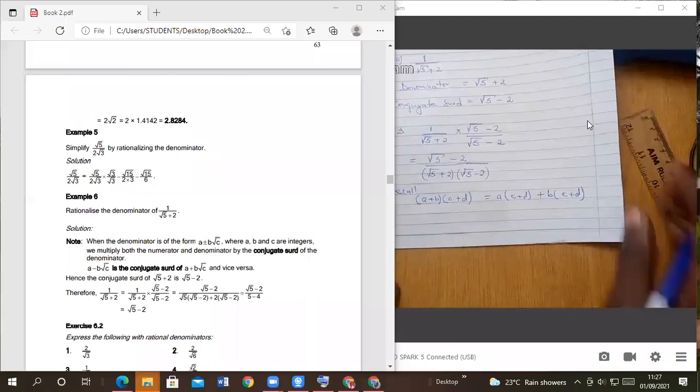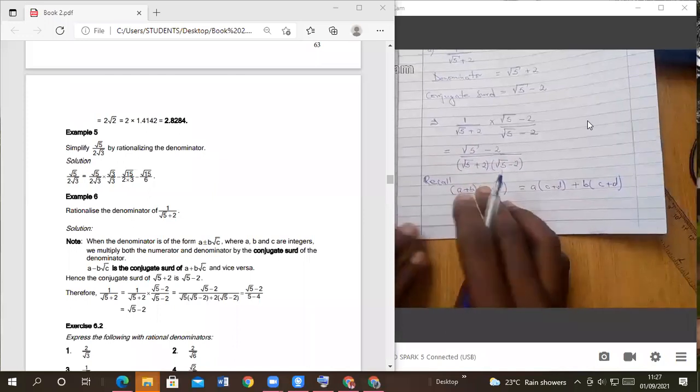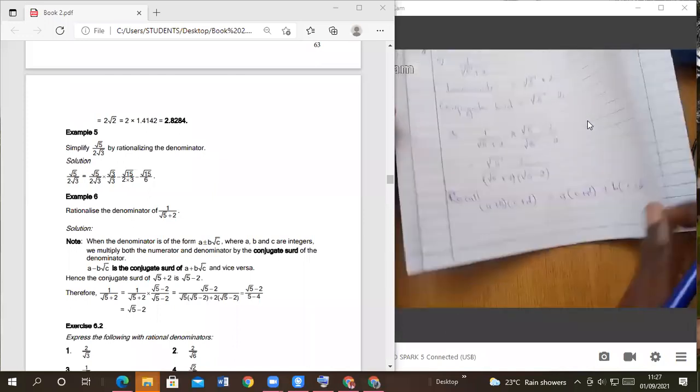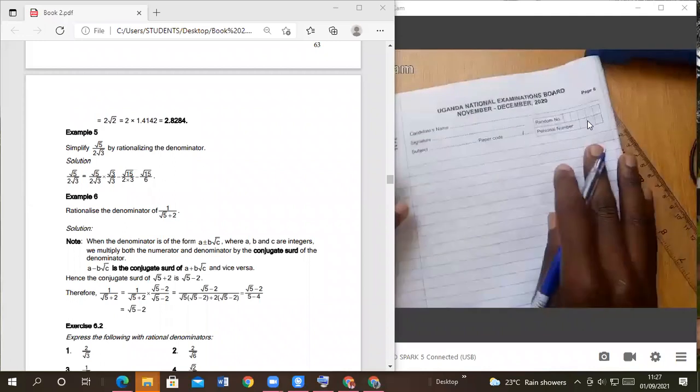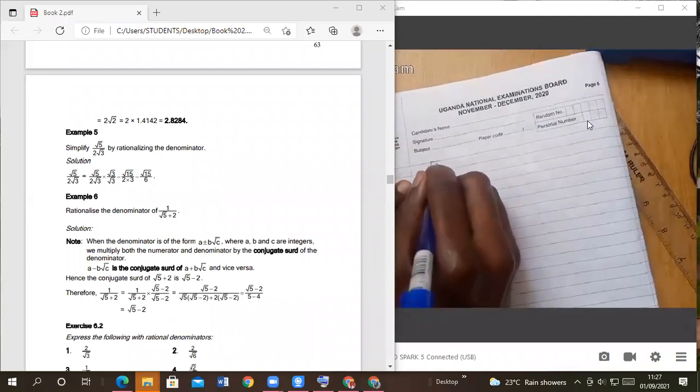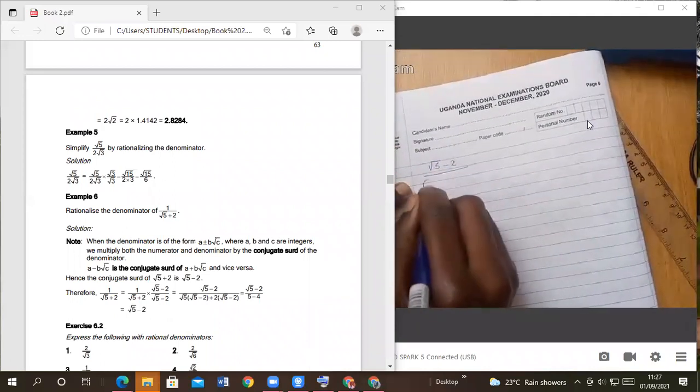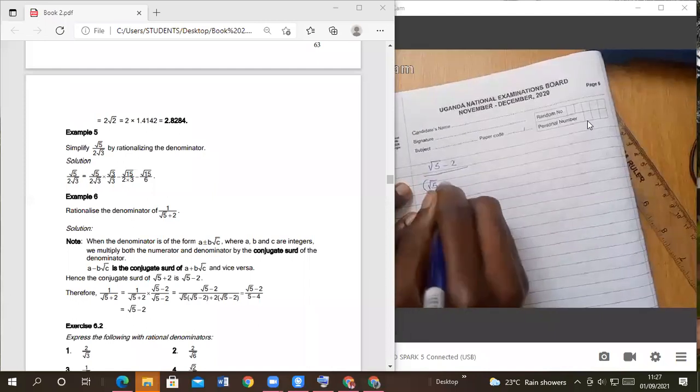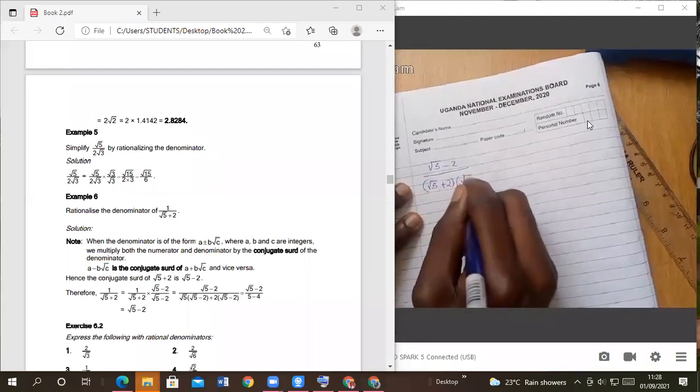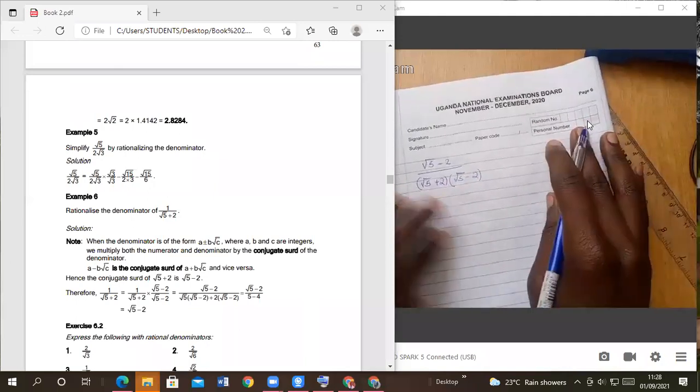Yes, that's what we are going to apply in the denominator here. So we shall have root of 5 minus 2 over, in our denominator, root of 5 plus 2 into root of 5 minus 2.